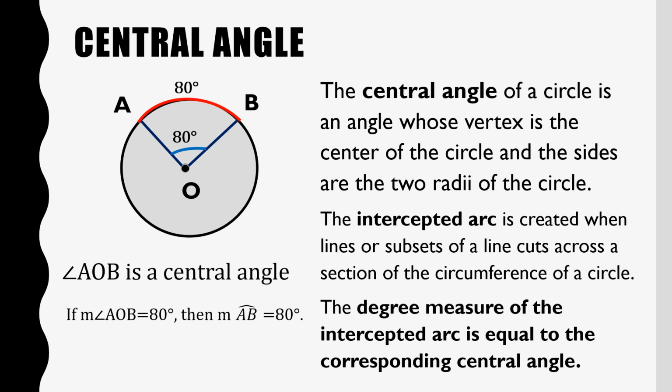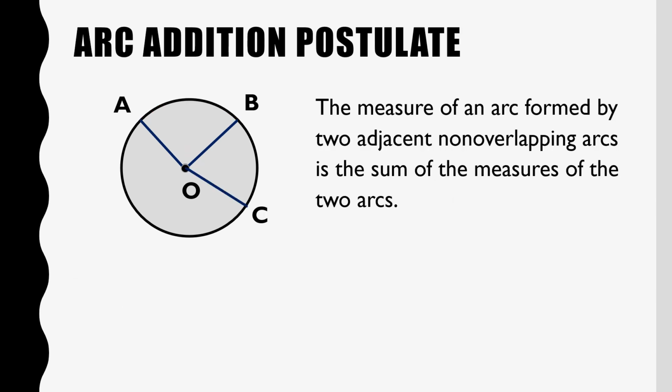Moving on, the arc addition postulate states that the measure of an arc formed by two adjacent non-overlapping arcs is the sum of the measures of the two arcs. So given the figure, the measure of arc AB plus the measure of arc BC is equal to the measure of arc AC.